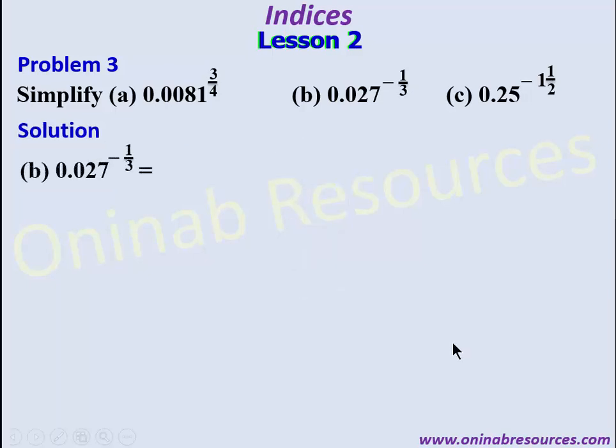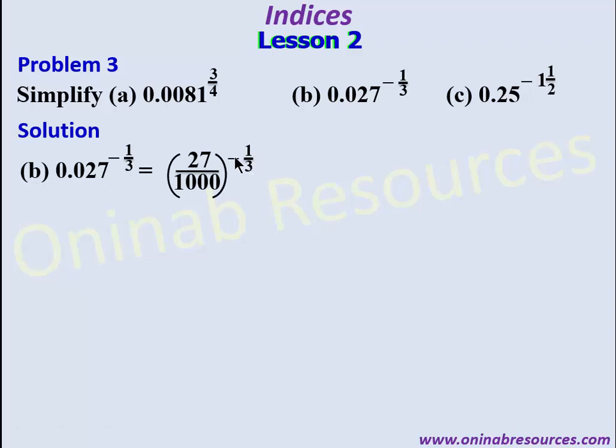For problem 3B, we have 0.027 to the power of negative 1 over 3, and again we change this to fraction. Changing it to fraction, we have 27 over 1000 to the power of negative 1 over 3.